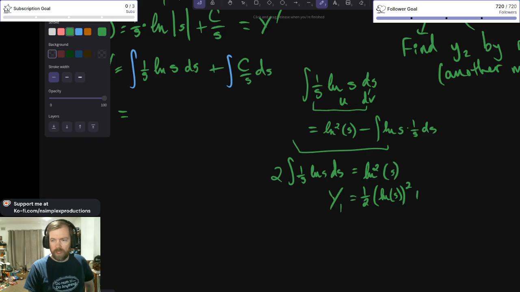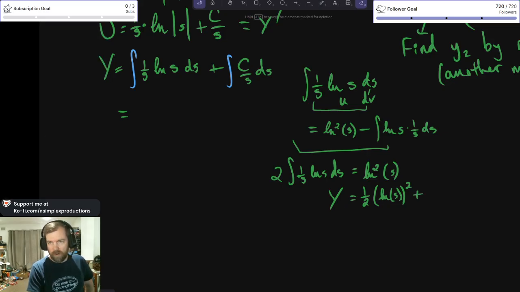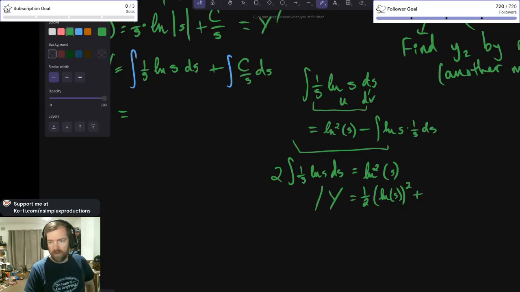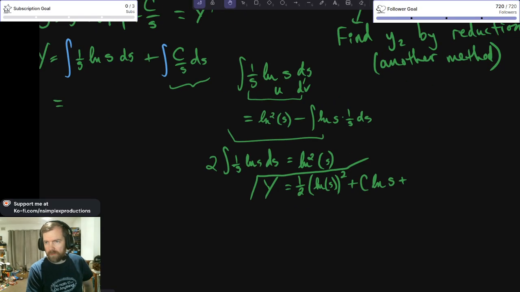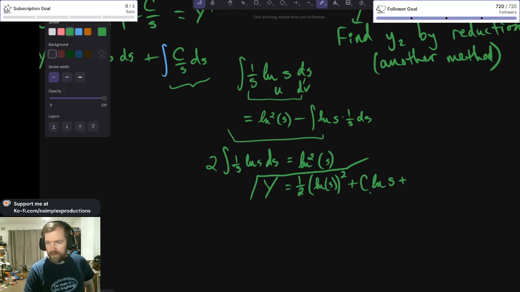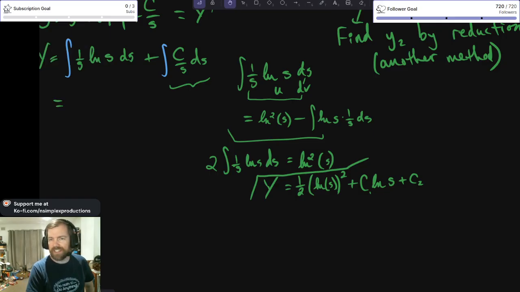And then we would get a plus from the other part. From the other part, we would just have a c natural log S plus c2. Yeah, I think that's gross.